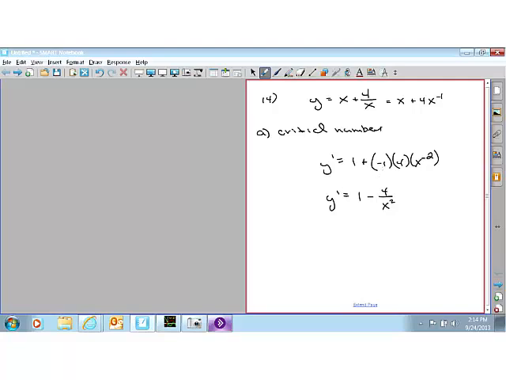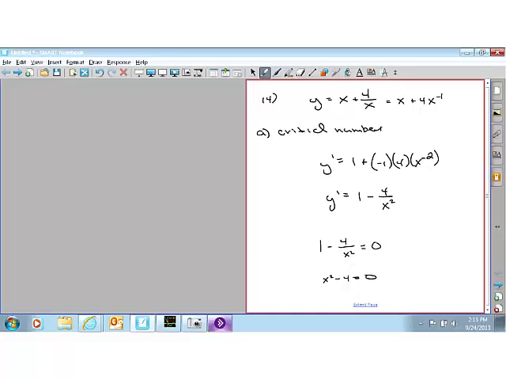So we take that and set it equal to 0. I'll multiply everything by x squared. So we get x squared minus 4 is equal to 0. 1 times x squared is x squared. Negative 4 over x squared times x squared, the x squareds become 1, you get negative 4, and 0 times x squared is 0.